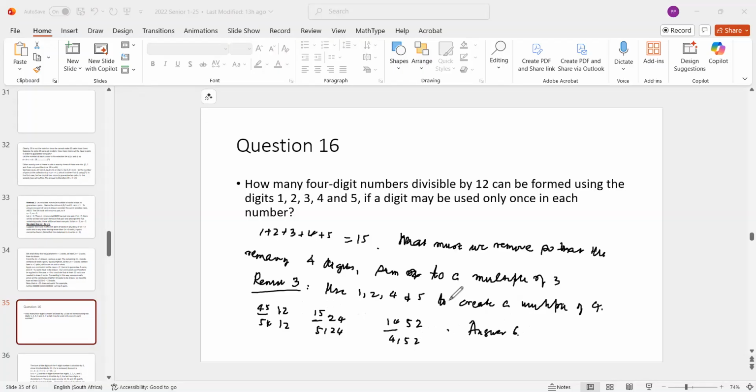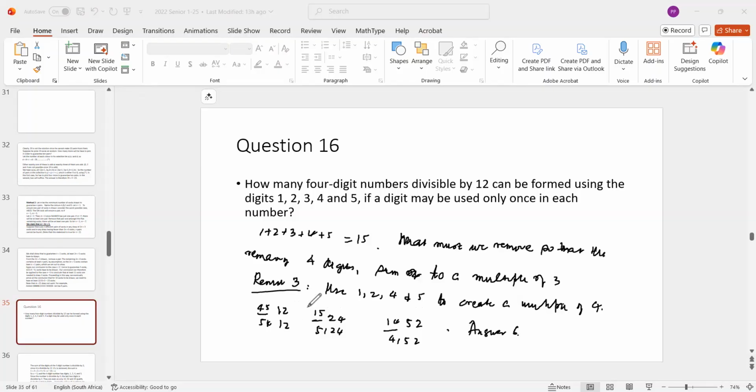The way we argued, there are no more. You have to have 1, 2, 4, 5, and you have to end in one of these three, and for each of those three, there are exactly two possible first digits which will give you a multiple of 4.